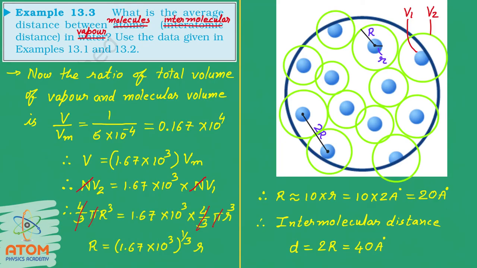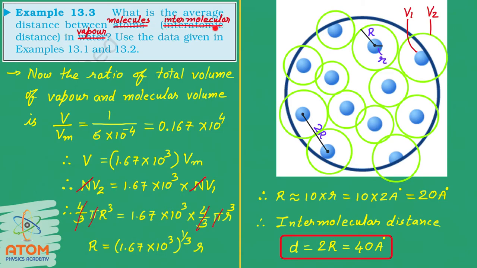So that is our final answer, that the intermolecular distance between two molecules is 40 angstrom. Now here is the answer, but we can understand that this 40 angstrom distance cannot be the interatomic distance.